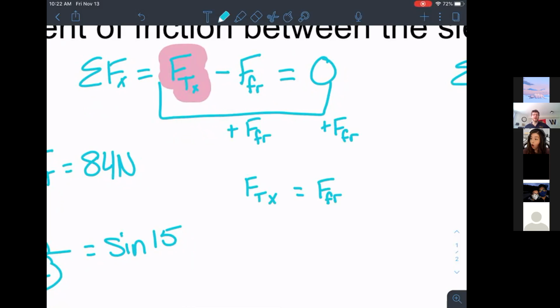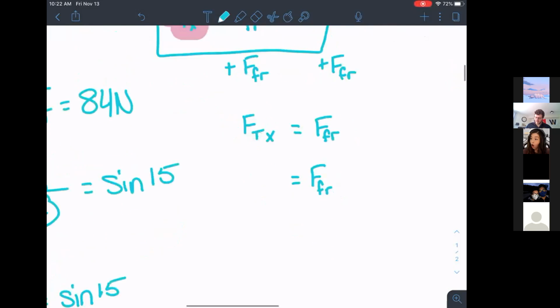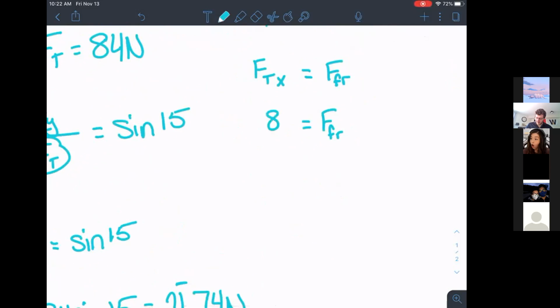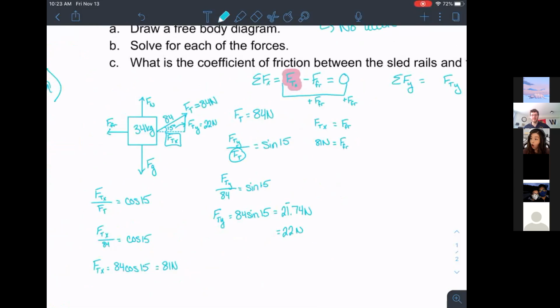Now can you solve for your force of friction? Yes. What do you get? The same thing as FTX. So we get our 81 newtons. Are there any questions on how we got that? Are there any more forces in the x direction we need to solve for? Nope. So now we can go to our y direction.